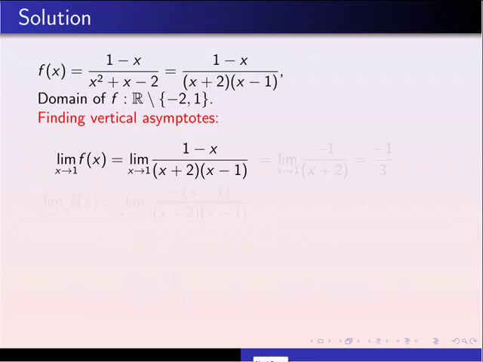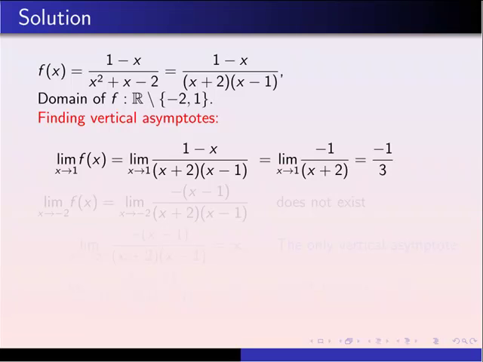In this expression, you will see that you have a cancellation between the numerator and the denominator if you take minus 1 as a common factor from your numerator. That means, as x approaches 1, after the cancellation you have minus 1 divided by x plus 2. The value of this limit is minus 1 over 3. So we can't consider x equal to 1 to be a vertical asymptote.